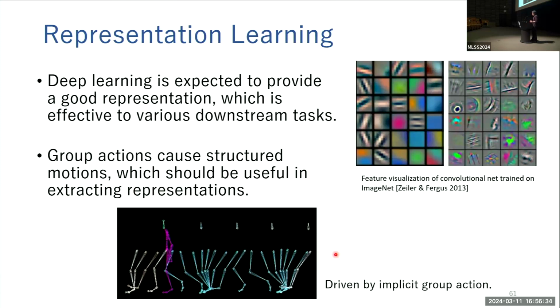If we assume some group action behind, it should be very useful in extracting the representation of the data. The gait action is periodic but also very complicated, but the representation, assuming some group action applied periodically, should be useful in extracting the representation behind.